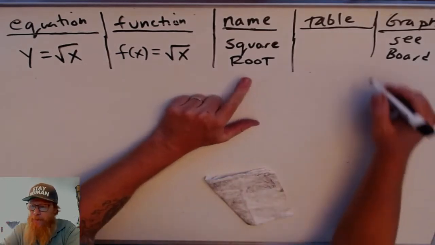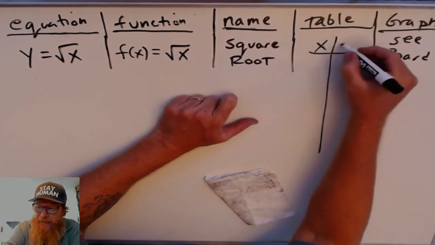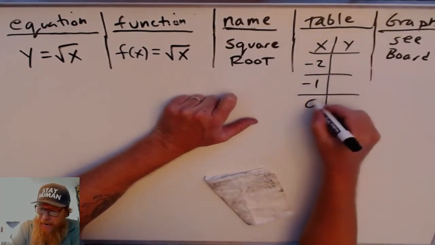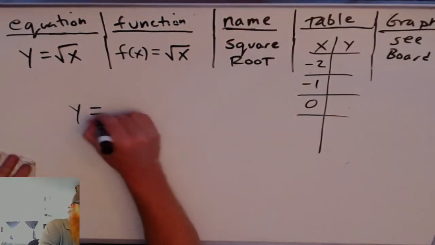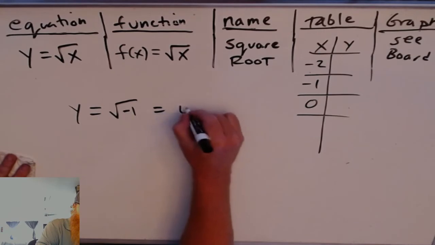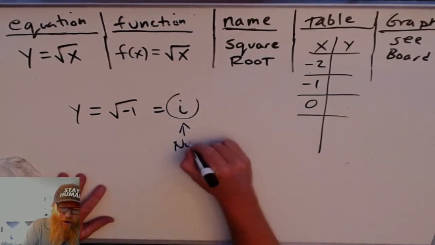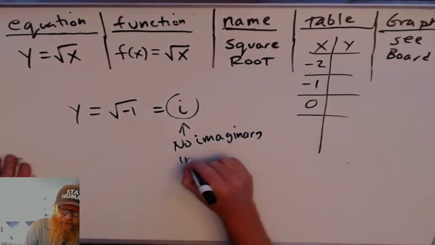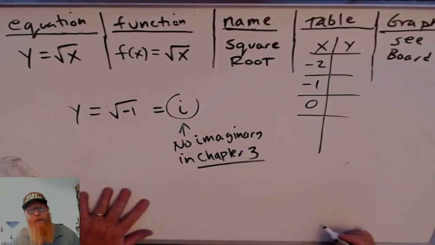All right. So here is one of the times where I have to change my table. Because notice what happens when I do negatives. All right. There are no imaginaries in chapter 3. I don't know why.